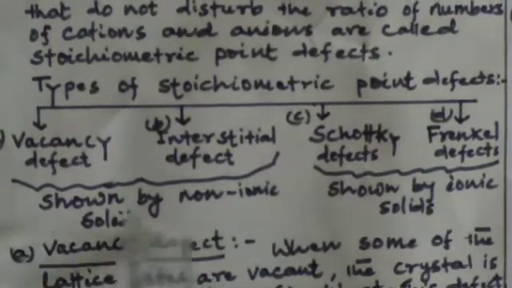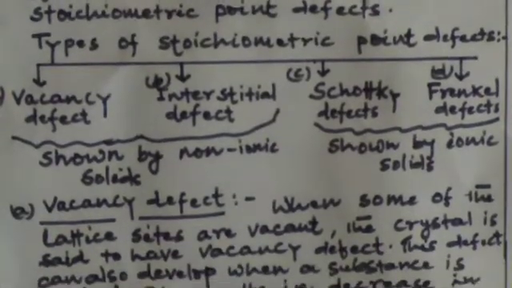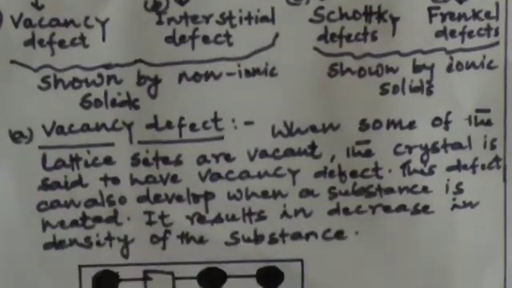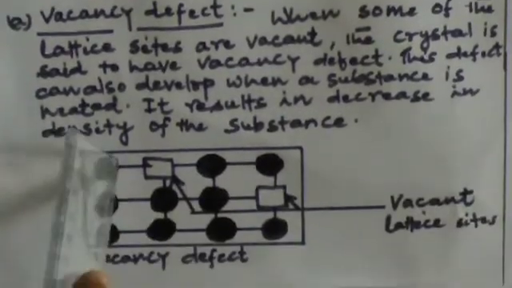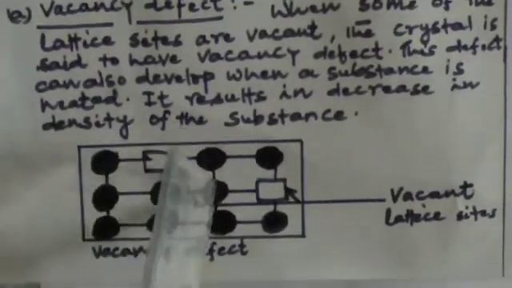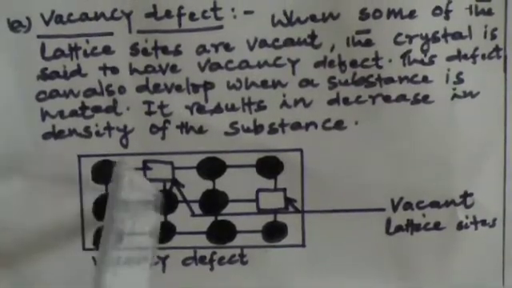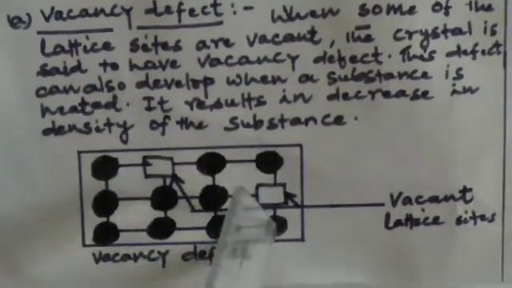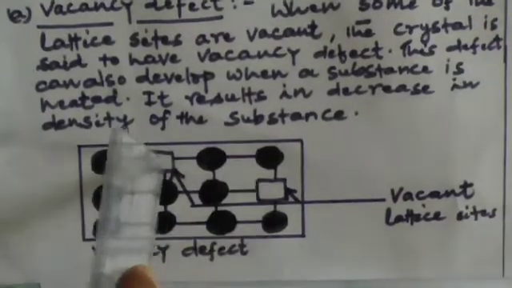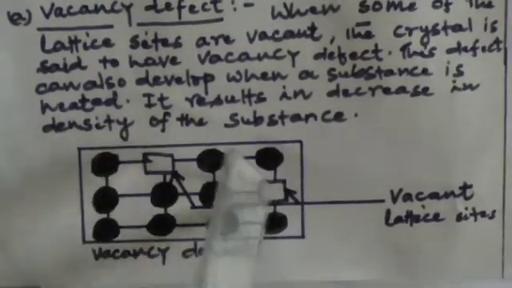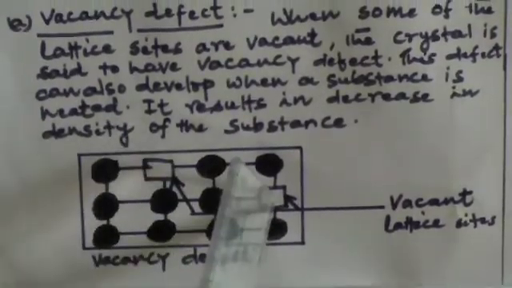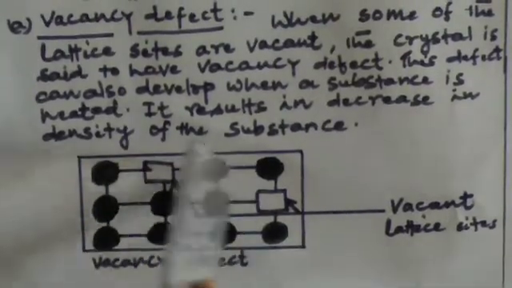What is vacancy defect? See the figure here. What you find is that particles are present at the lattice sites, which are shown by the dark circles, but a few lattice sites do not have the constituent particles.